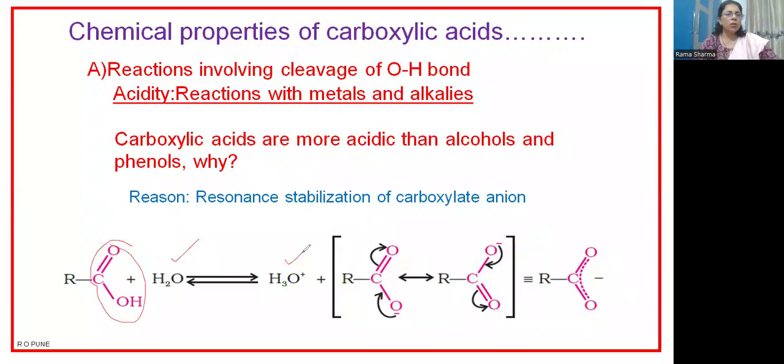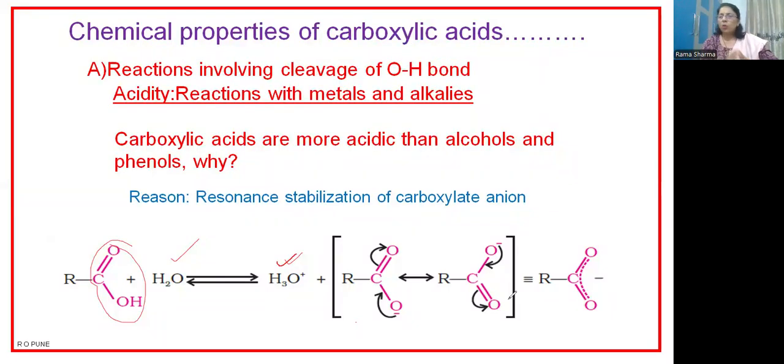Let me draw it a bit bigger. Here is the carboxylate ion, and the carboxylate ion is resonance stabilized. Due to its resonance stabilization, the removal of H plus is easy. H plus can be easily removed.